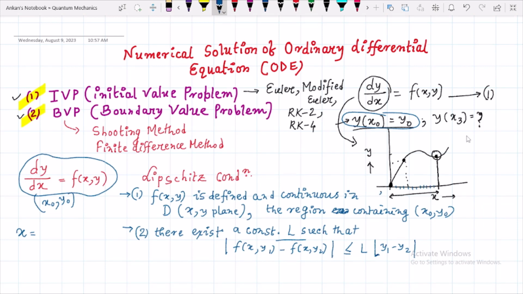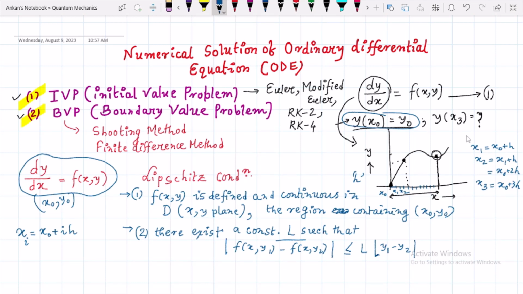Suppose this is x0, and each x is separated by some step size h, so that x1 is x0 plus h, x2 is x1 plus h, which means x0 plus 2h, and so on. x3 is x0 plus 3h, and so we can write that xi, the ith position of x, is given by the initial position plus i times the step size h.